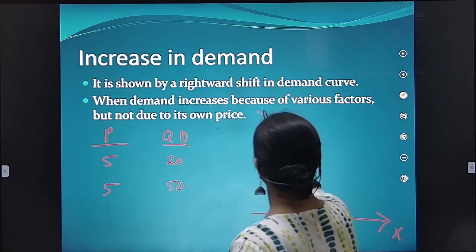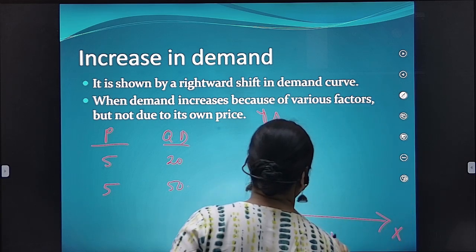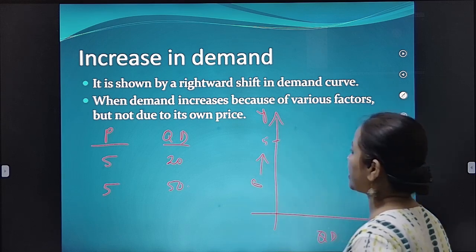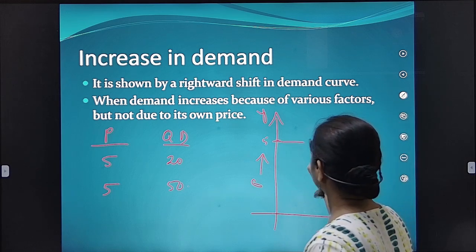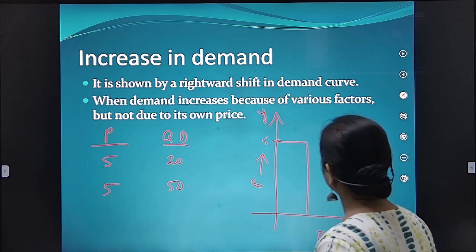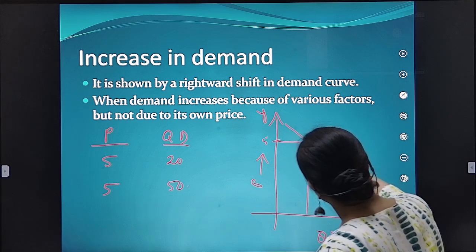This side is your price, this side is your QD. So when price is 5, your quantity demand is suppose this one, 20, and this is the demand curve. Okay?